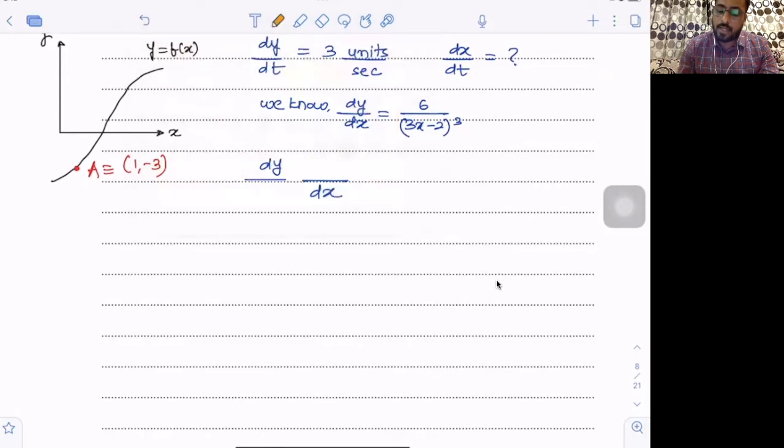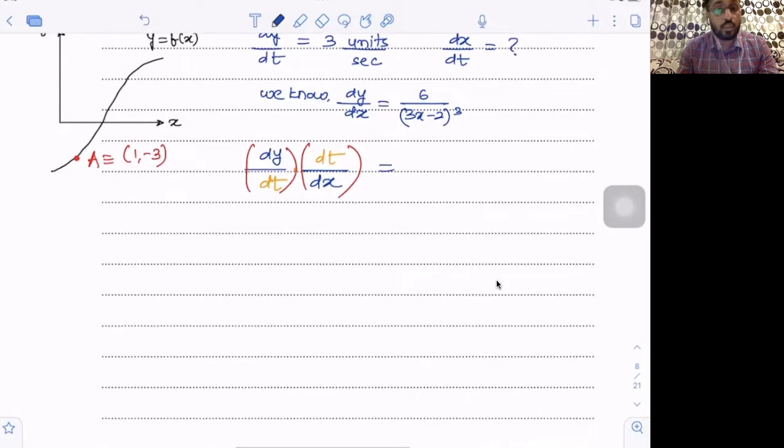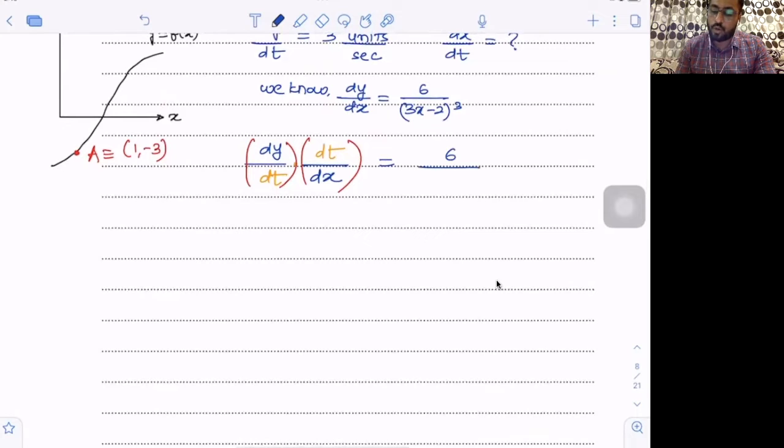And then I can write dy upon dt multiplied with dt upon dx. So I've multiplied and divided by dt. So dy upon dt is getting multiplied with dt upon dx. This is called the chain rule, and this is equal to 6 upon 3x minus 2 the whole cube, since basically it is dy upon dx only.